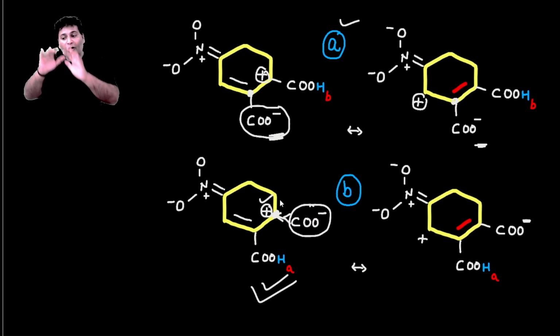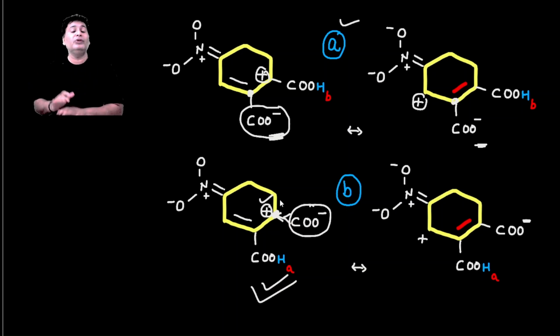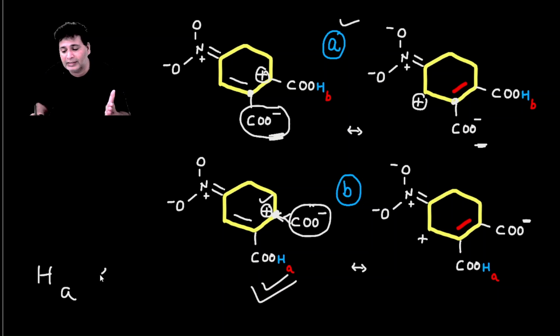Okay, so from all these discussions you have come to the conclusion that hydrogen A is going to be less acidic in comparison to hydrogen B. Why?